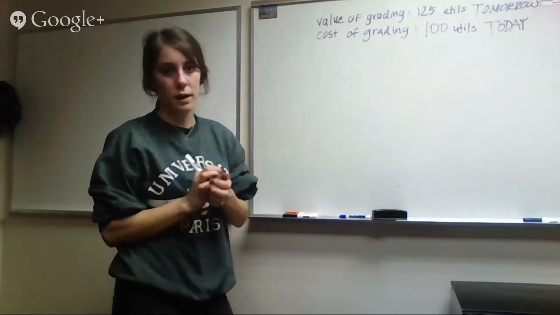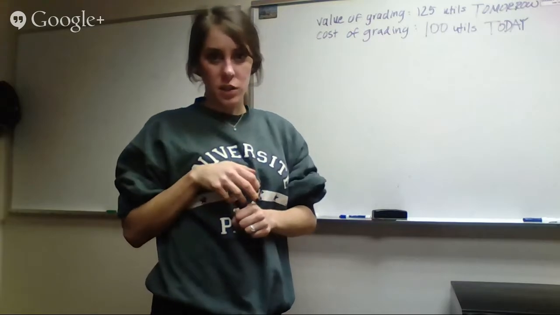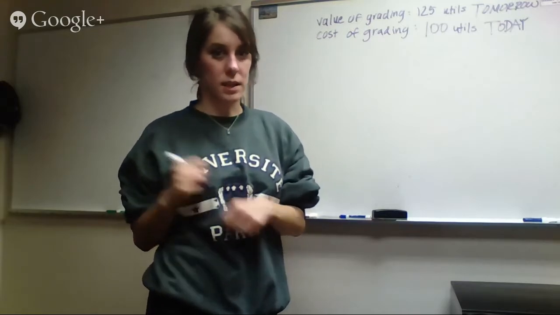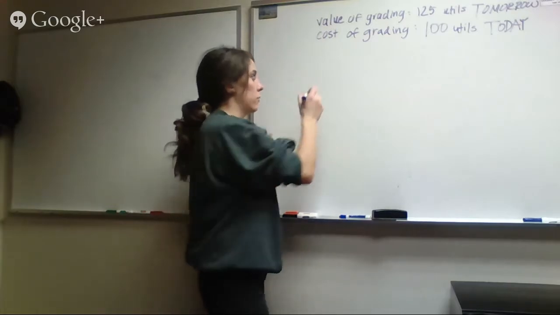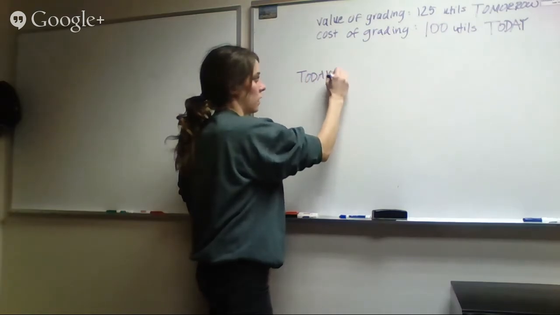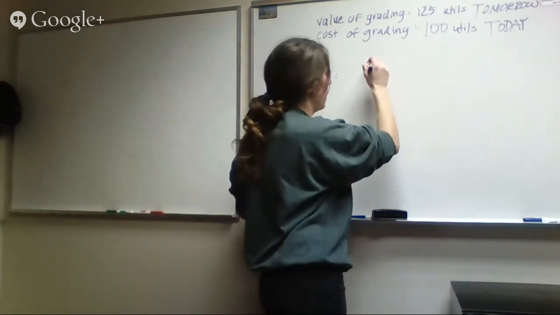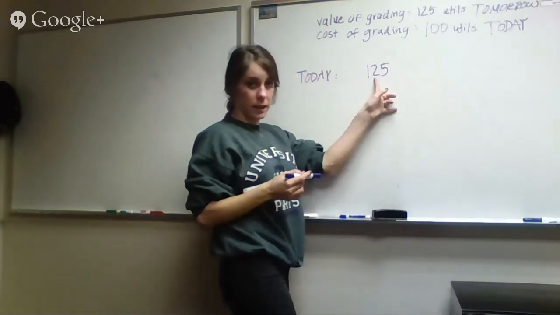So scenario 1, in scenario 1, Dr. Turley values any cost or benefit in the future the same as present costs and benefits. So when we are looking at the value of grading today, it's going to be 125 utils of benefit that he receives tomorrow.